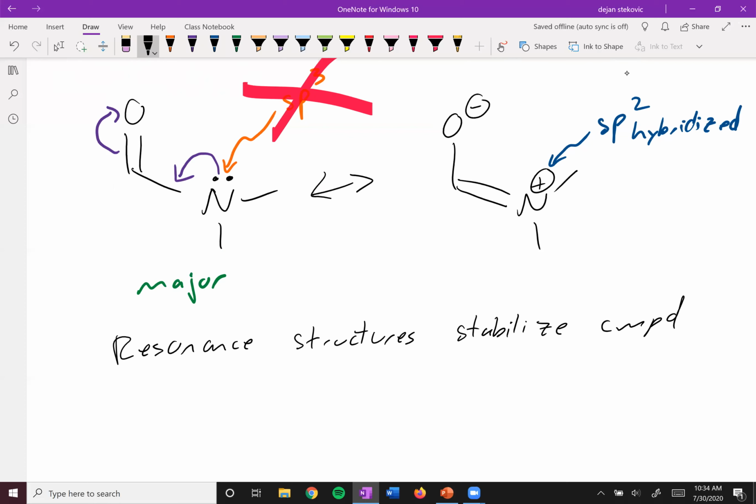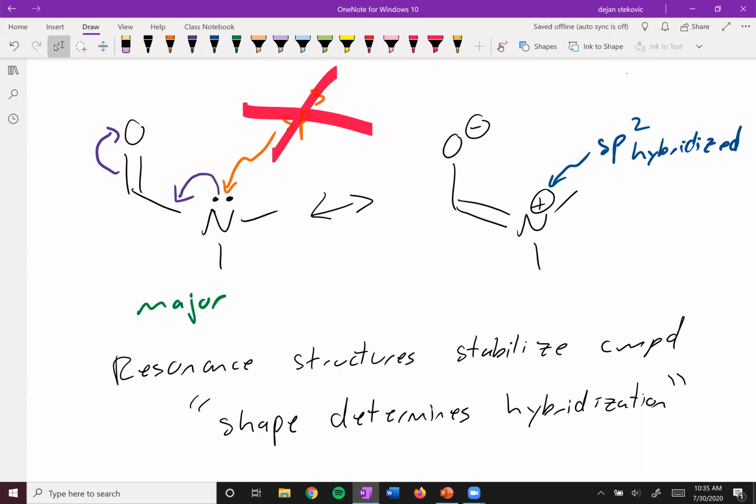And having more resonance structures results in a more stable compound. And so the other often quoted saying is that shape determines hybridization. And so experimentally, we see that this nitrogen is trigonal planar, so it is indeed sp2 hybridized. So that's something that you have to keep track of.